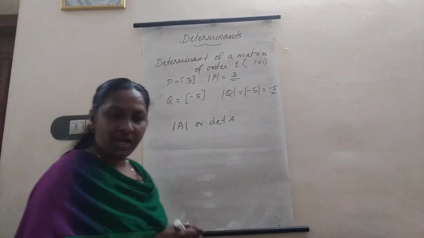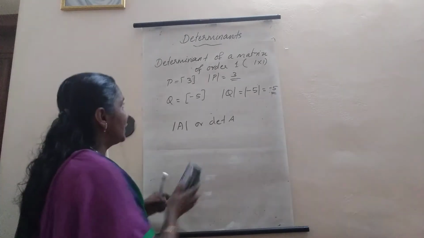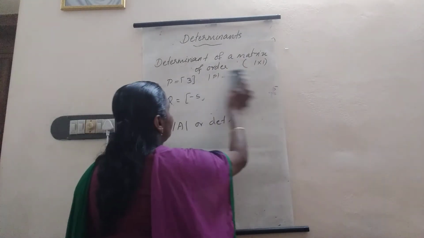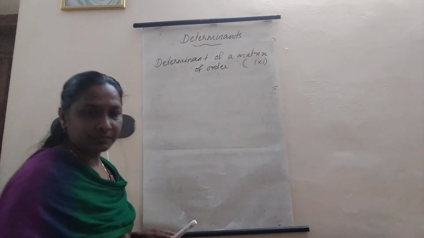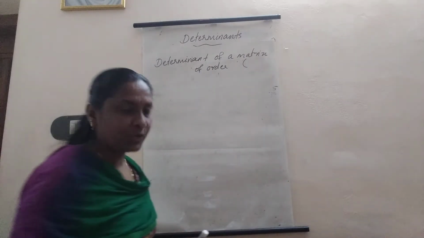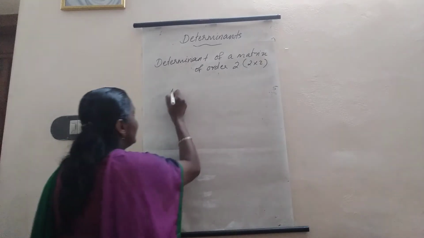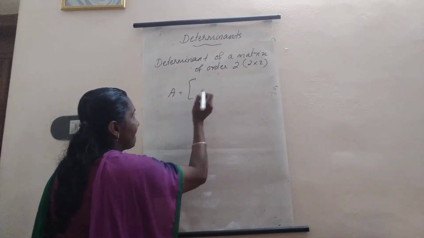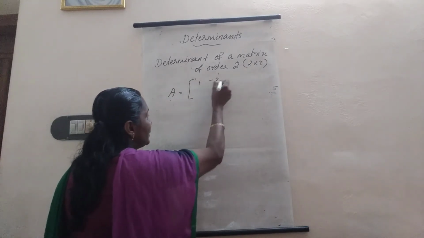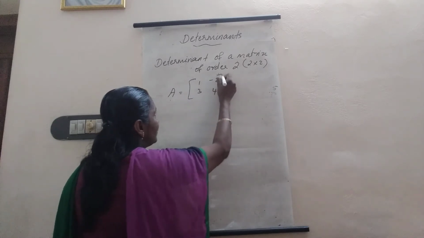Then how we can find the determinant of a matrix of order 2? Order 2 means 2 by 2 matrix. Let A be a matrix 1, minus 2, 3, 4.